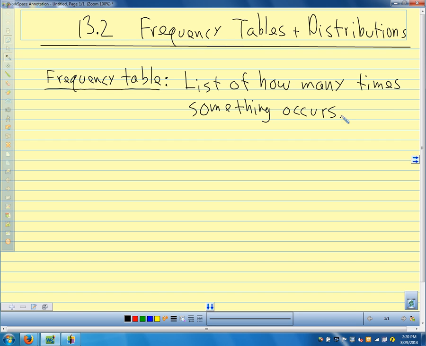There's a special name for that kind of list. The relative frequency is the probability of one category.